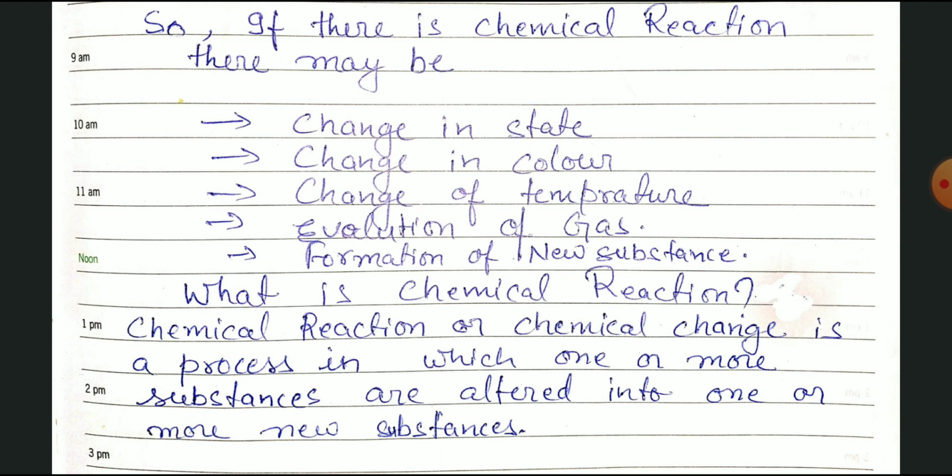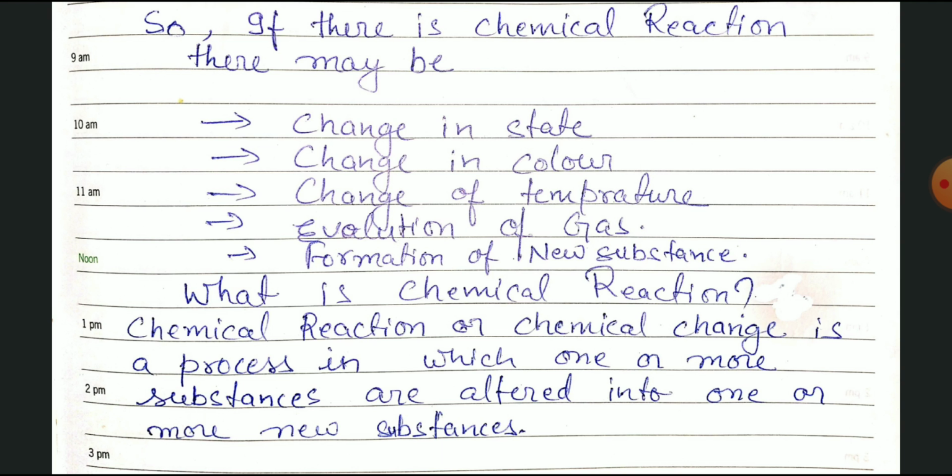A chemical reaction is a process in which one or more substances are altered into one or more new substances. So when we take two or more reactants to react together, we get one or more products.